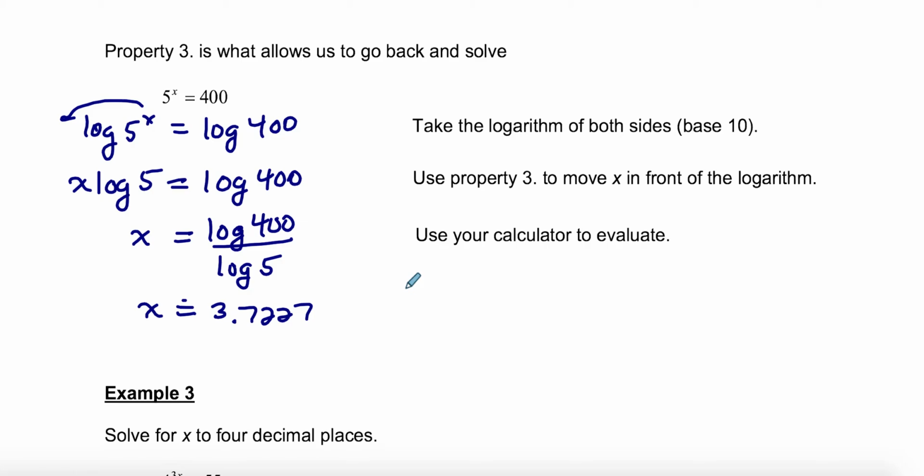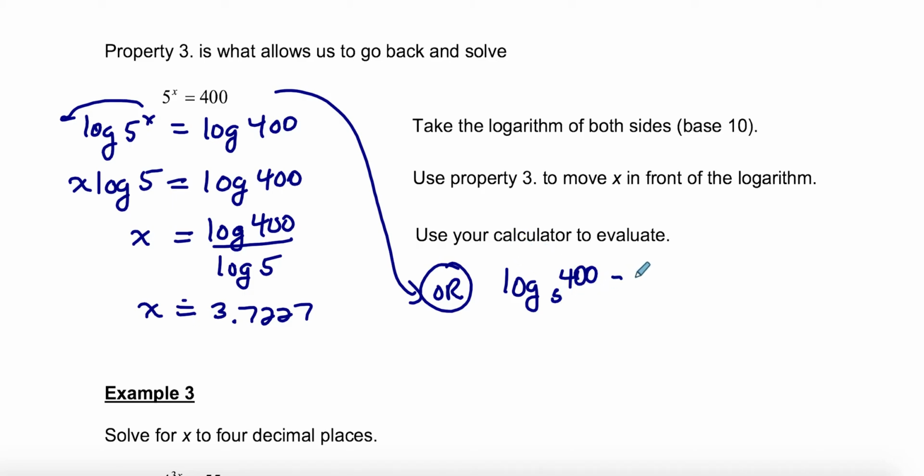Another way to write that out, and you might like this a little bit better, or it might make more sense, is to write that in logarithmic form. That is the log of 400, base 5 equals x. So that's what we were practicing on the other page, writing in logarithmic form.